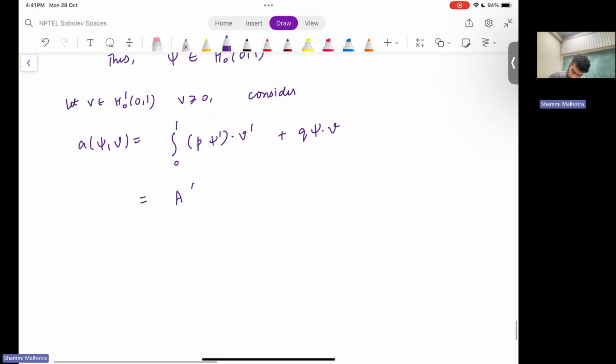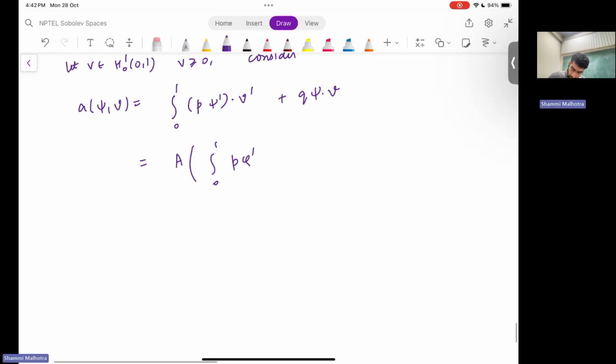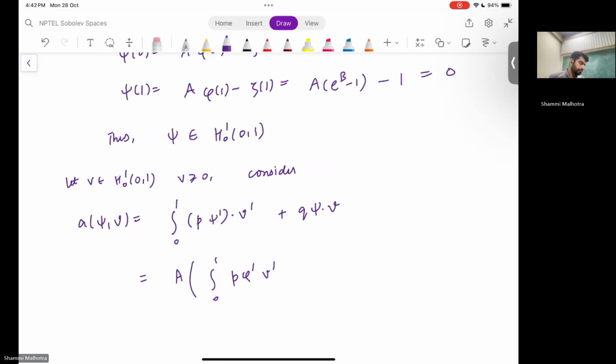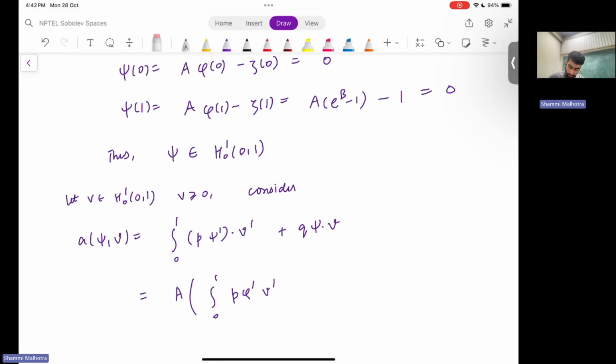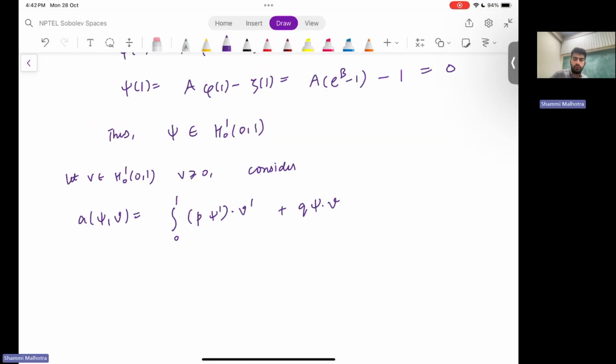So this is nothing but A times the integral from 0 to 1 of p phi dash v dash, and like before we want to use this thing about part 5 that we proved, that we can have one b such that something holds.